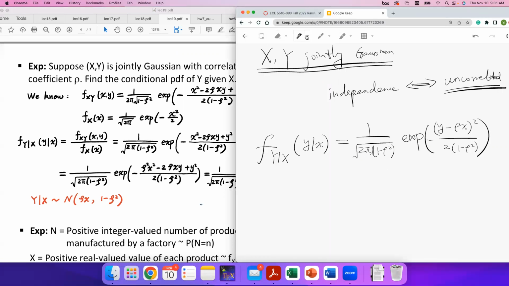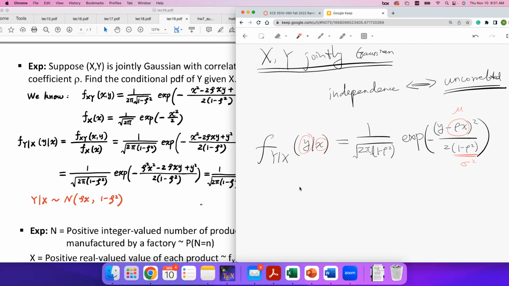In this expression, we are conditioning on the realization of x, so this one is given. Therefore, this is a constant. This is the mean part, while this one is the sigma square part. So this f of y given x is a PDF on y.